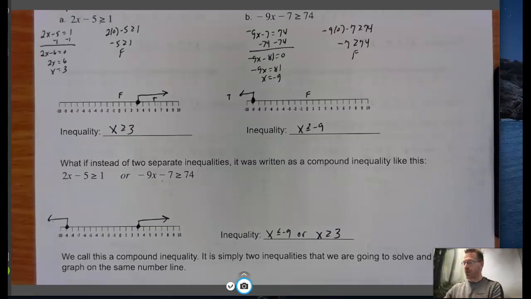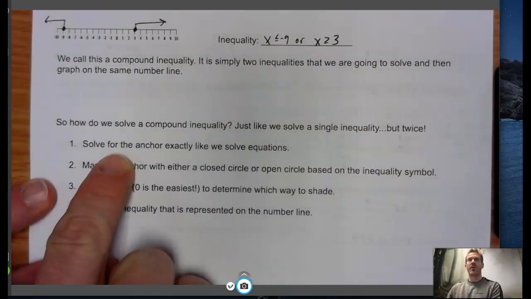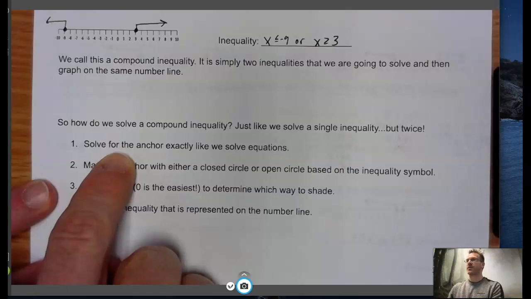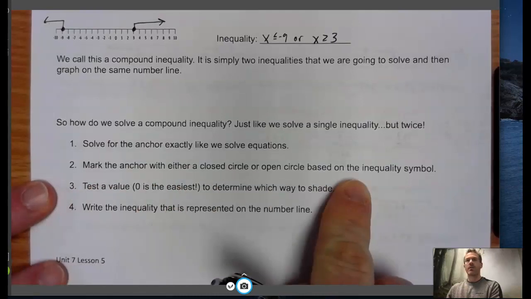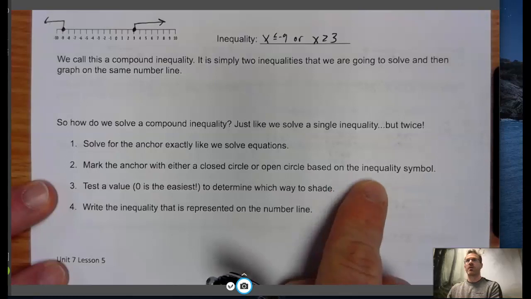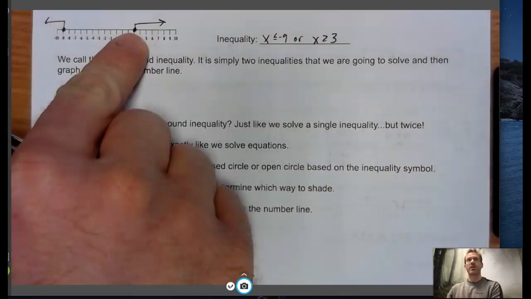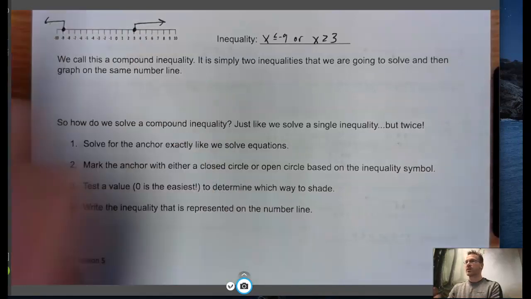So how do we solve this? We're going to solve for our anchors exactly like we did last time, and just instead of having one anchor, we are now going to have two anchors. We're going to mark those with an open circle or a closed circle based on the inequality symbol. So we could have two closed circles, two open circles, or one of each.